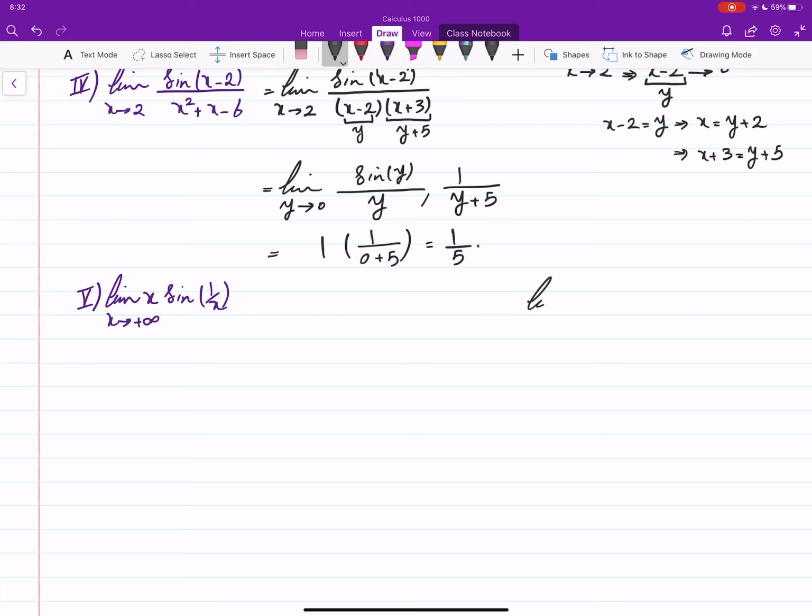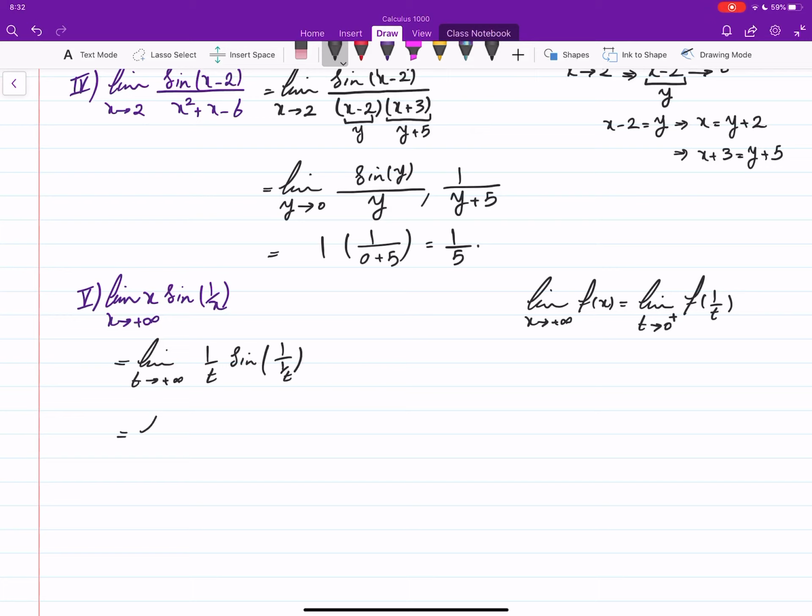Remember that when you have a limit at plus infinity, you can change it to a limit at 0 by letting t go to 0 plus and taking f of 1 over t. Now we apply the same thing here. So we have the limit as t goes to plus infinity of 1 over t times sine of, replacing all x's by 1 over t.